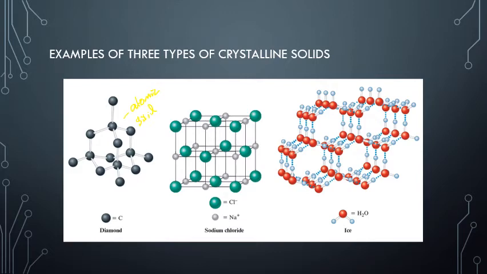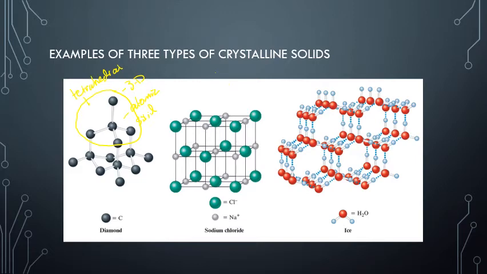Hopefully you remember this basic structure: a tetrahedral structure, 109.5 degrees, sp3 hybridized for the bond angles between the carbon atoms. That allows us to have a 3-dimensional array for the structure, and as a result it is much more difficult to break the bonds apart.